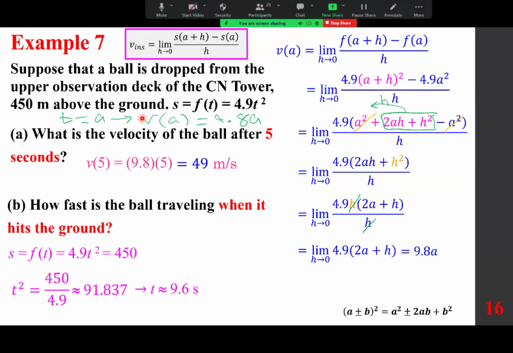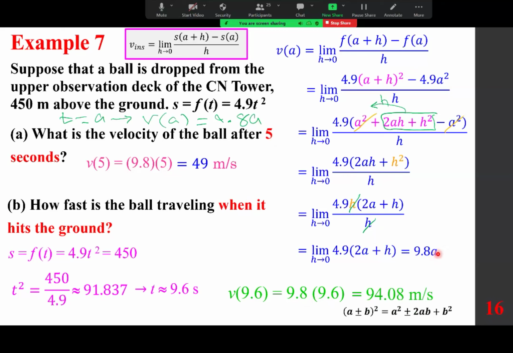We go back to this one, and we say now a is 9.6 seconds. And so if you plug in 9.6, the product is 94.08 meters per second. So to recap, instead of evaluating it at 5, we evaluated at a.